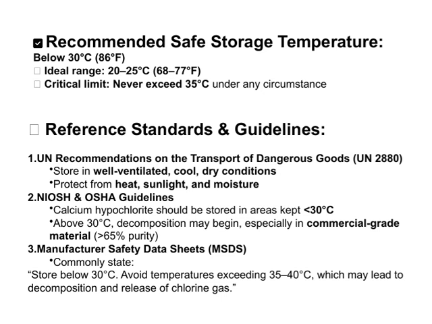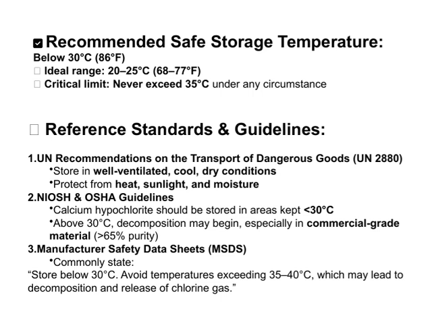The manufacturer safety data sheets, or MSDS, typically advise storing calcium hypochlorite below 30 degrees Celsius. They warn against exceeding 35 to 40 degrees because higher temperatures can lead to decomposition and the release of dangerous chlorine gas. So the key takeaway here is that the recommended safe storage temperature is below 30 degrees Celsius, which is about 86 degrees Fahrenheit.